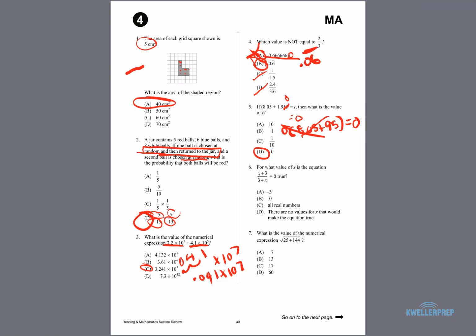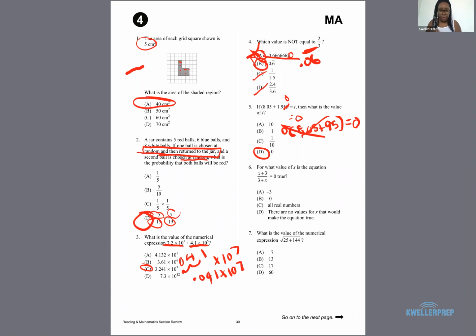Yeah. Okay. So for number 6, they have 4 different options. This one is also another plug and chug answer. But it is what is not equal to 2/3.